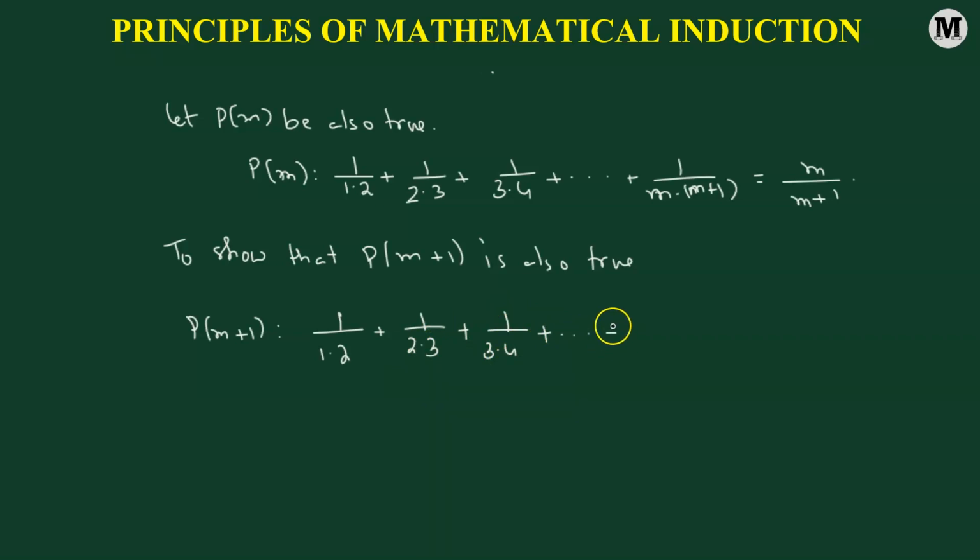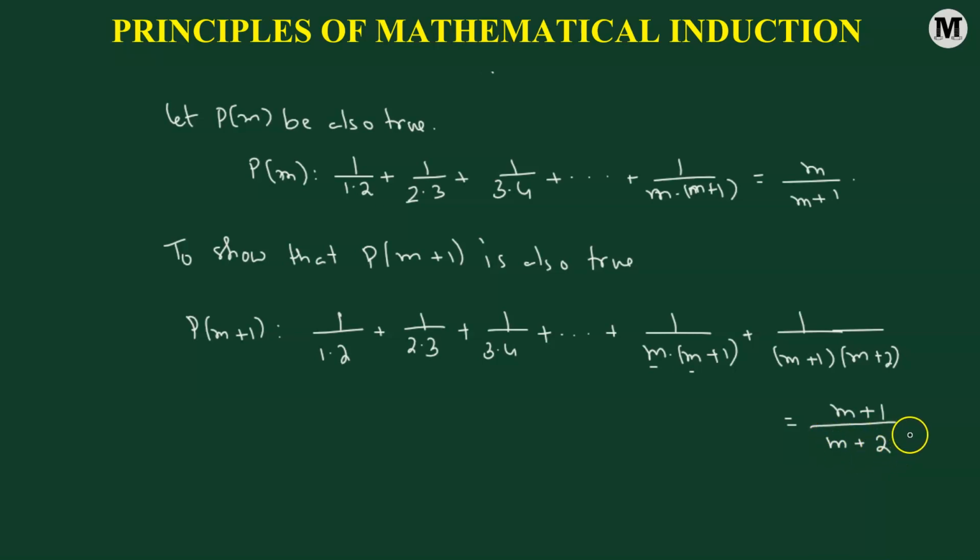This goes all the way up to the last term of P(m), 1 over m times m plus 1. But we are considering m plus 1, so we have to replace this m with m plus 1, such that we have 1 over m plus 1 multiplied by m plus 2. And this is going to equal, replacing m with m plus 1, m plus 1 in the numerator divided by m plus 1 plus 1 in the denominator, so we have m plus 2. Fine. Now this is what we need to show.